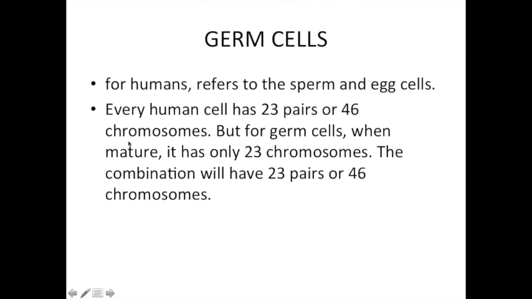Now, germ cells for humans refer to sperm and egg cells. Every human cell has 23 pairs or 46 chromosomes, but germ cells, when mature, have only 23 chromosomes, not pairs. The combination will have 23 pairs or 46 chromosomes. If the chromosomes separate, then it becomes a single germ cell with 23 chromosomes.